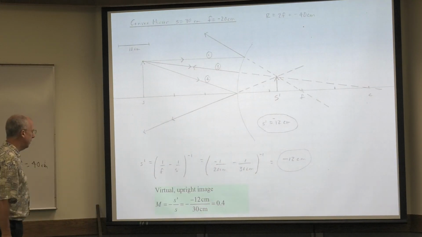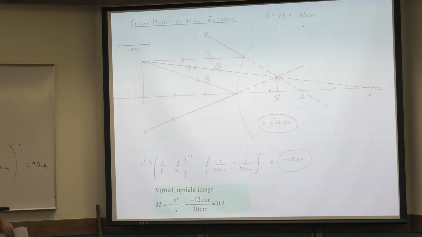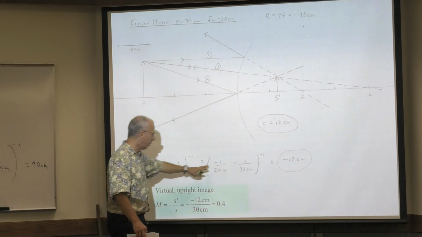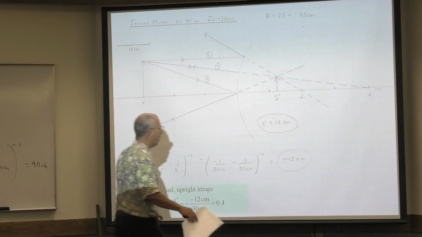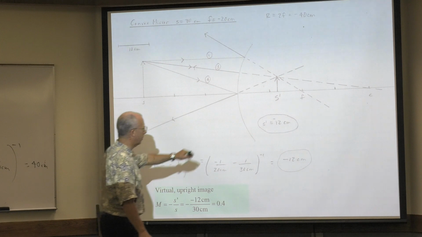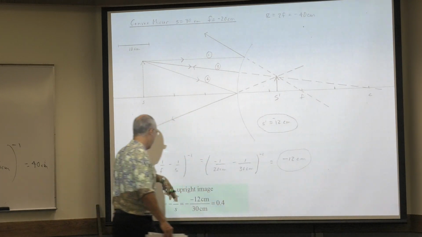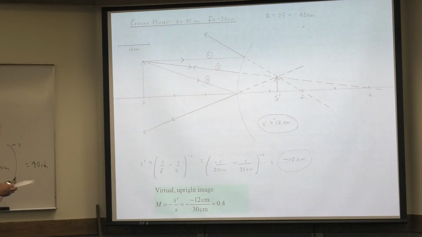And then the math is just plug and chug, right? The focal length is -20, S is 30. You just plug it in, you get -12. That's what we kind of got, right? Then you just plug it in the formula. So that's really all there is to it.